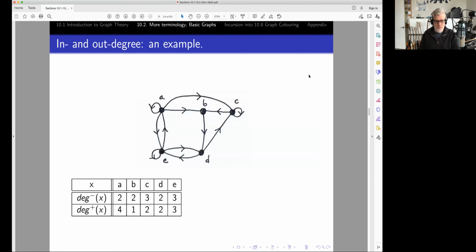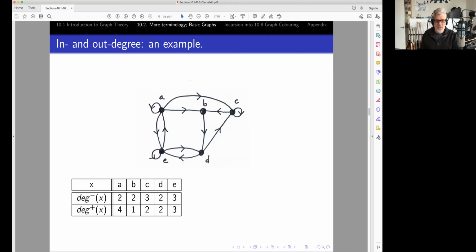So here's an example. This is a digraph, as general as it gets, and I have 5 vertices, and I look at the in and out degrees of all these vertices. Let's look at A. A has 1, 2, 3, 4 edges going out: 1 to C, 1 to B, 1 to E, and 1 back to A. So that's out degree 4.